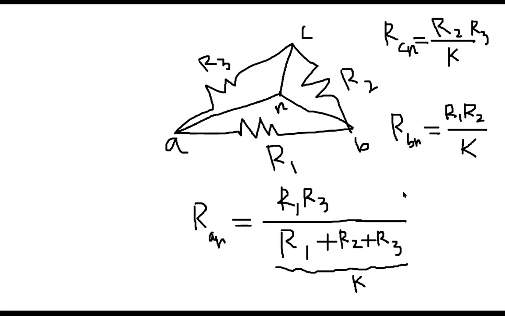So you see, it is easy to remember. When you are finding this one, you just look at what is on its right side and left side, on either side. So on either side, this is R1, this is R3. You multiply those two, and in the denominator, the sum of these three, this plus this plus this.